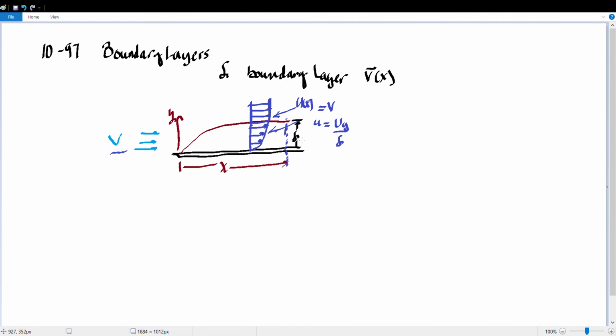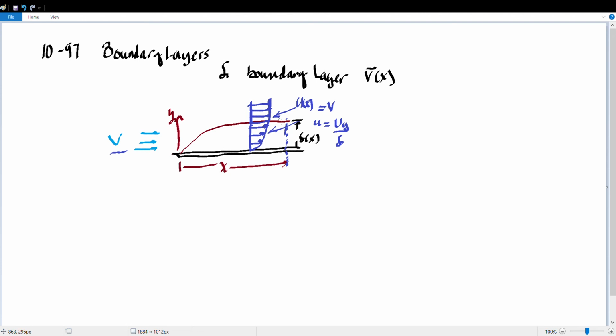That's the boundary layer. That's basically delta, and that's a function of x, defined at x. So this is what our x component is. That thickness of the brown layer is what we call the delta boundary layer, and it's basically a velocity profile.